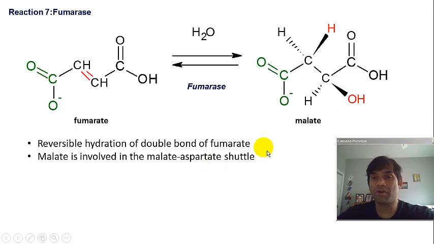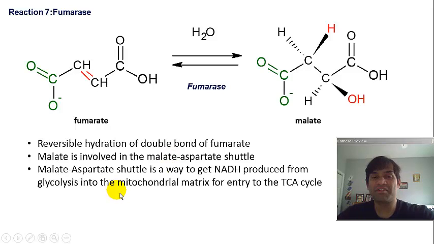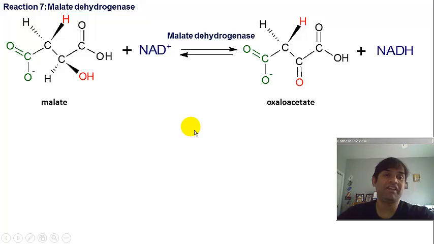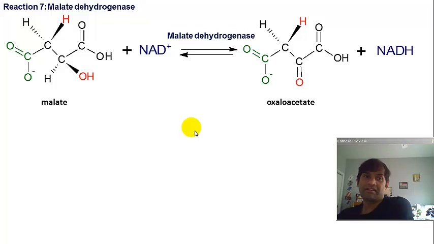Malate is important because it is involved in the malate aspartate shuttle. That's one way to get reducing equivalents into the mitochondria. The malate aspartate shuttle is a way that we tie together the NADH produced from glycolysis into the TCA cycle, so that the NADH produced in the cytoplasm via glycolysis can go into the mitochondrial matrix and donate to the electron transport chain. But if you just look at the carbons there, it's a hydroxylation of fumarate to malate.